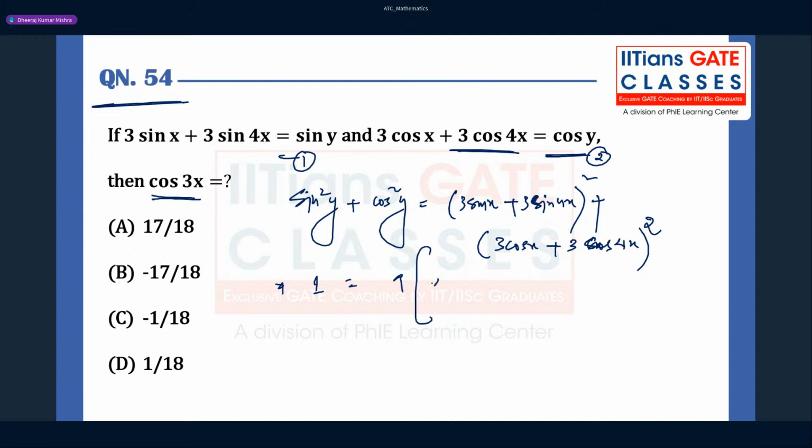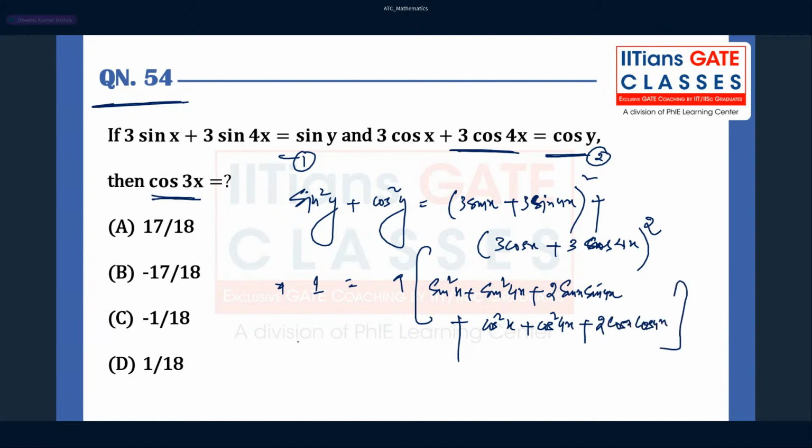Okay, so you will realize that you will get sin square x plus sin square 4x plus 2 sin x sin 4x plus cos square x plus cos square 4x plus 2 cos x cos 4x. What you will realize is that 1 by 9 equal to, I think people are getting this answer, right?